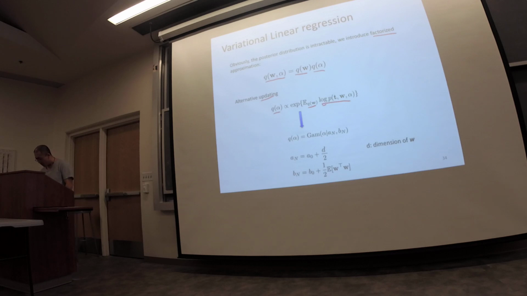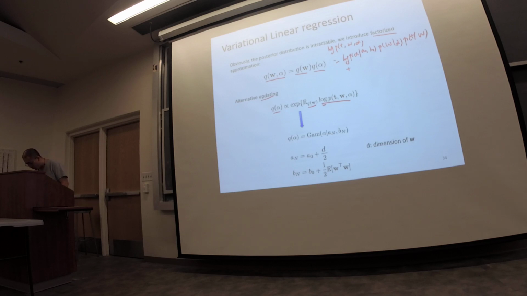So we need to write down the log joint probability, which according to our definition can be written as a product of the prior of alpha, the prior of w given alpha, and the likelihood of t given w.